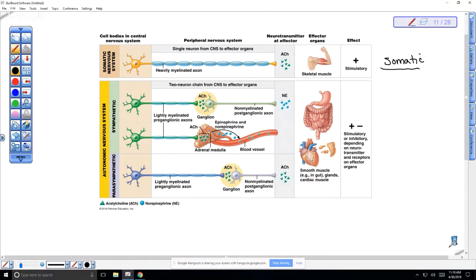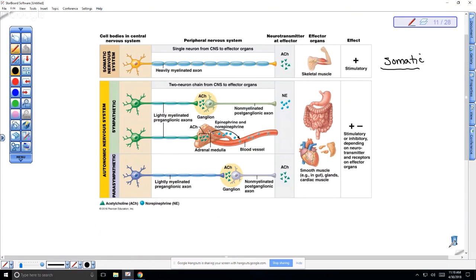So notice ACH being released always by the preganglionic. And then notice that here it's innervating the adrenal medulla gland, which is actually thought to be a misplaced ganglion. So instead of being near the organ or near the spinal cord, they think it's in this gland. Maybe misplaced is not the best word.